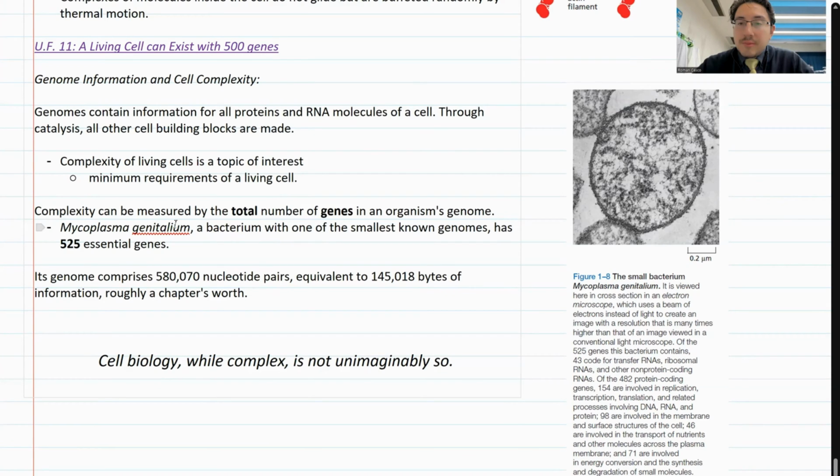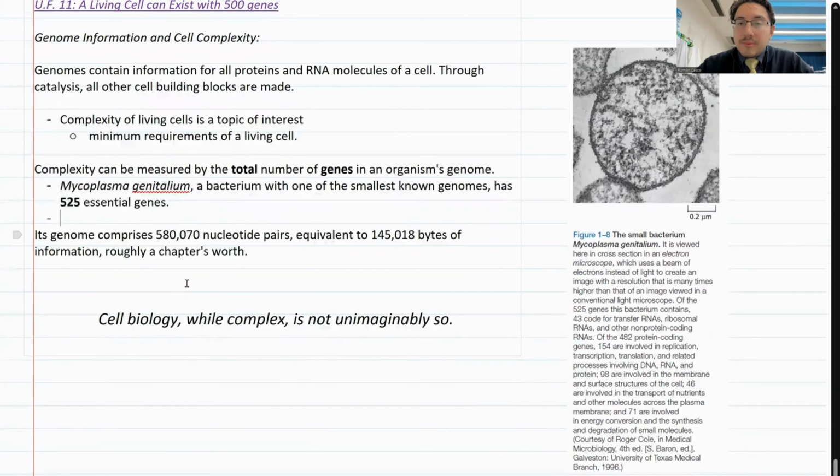Mycoplasma genitalium, a bacteria that has one of the smallest known genomes, has essentially 525 essential genes. Just 580,000 nucleotide base pairs, which is quite interesting.